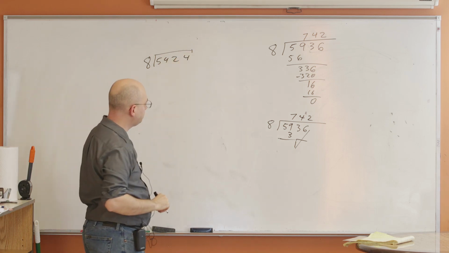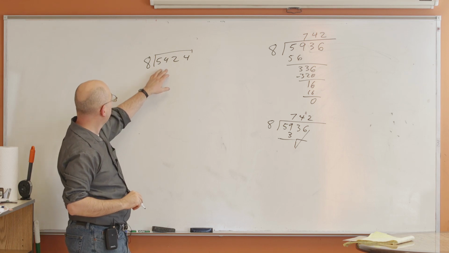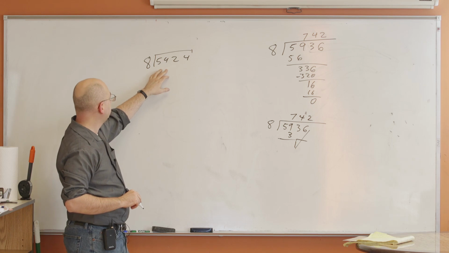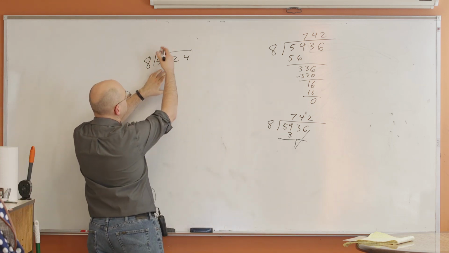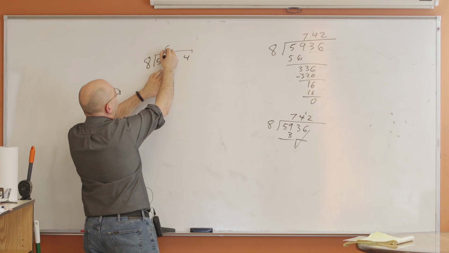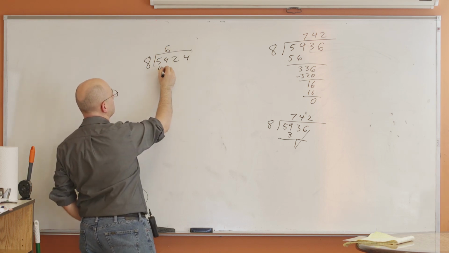Try one more. All right, 8 into 54. Anybody? Okay, well, 48 is the closest one, and that's a 6. So 6 times 8, you get 48.